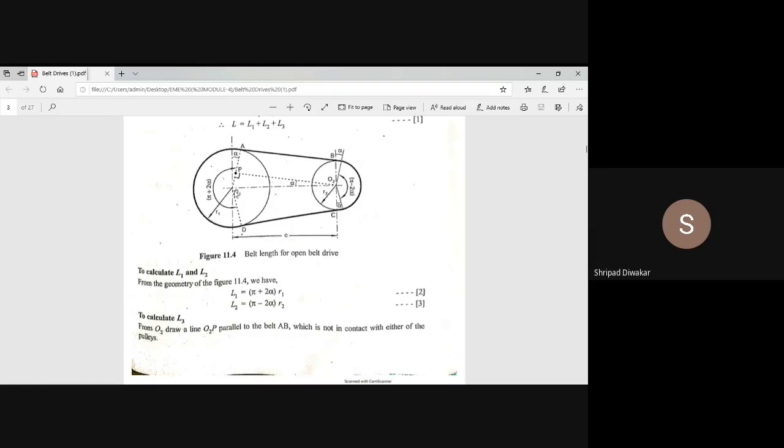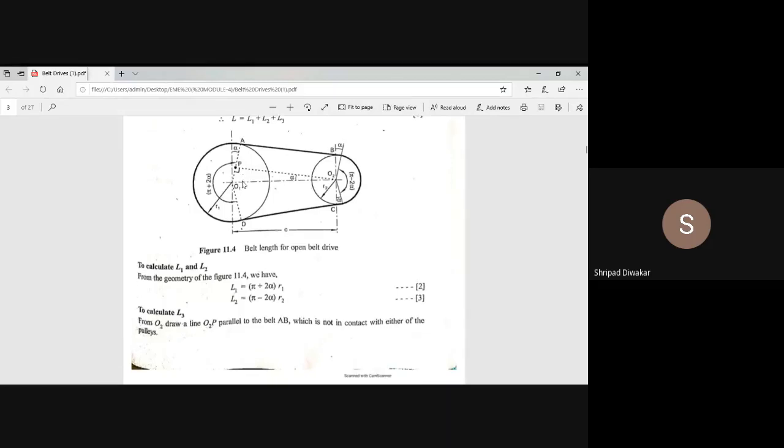Our aim is to find O1P. The total is R1, and you have to deduct this one, then only will you get O1P. AP is exactly equal to this radius R2. So the distance O1P is R1 minus R2.